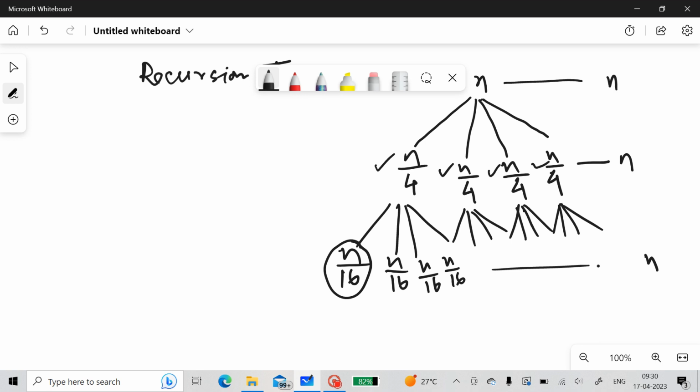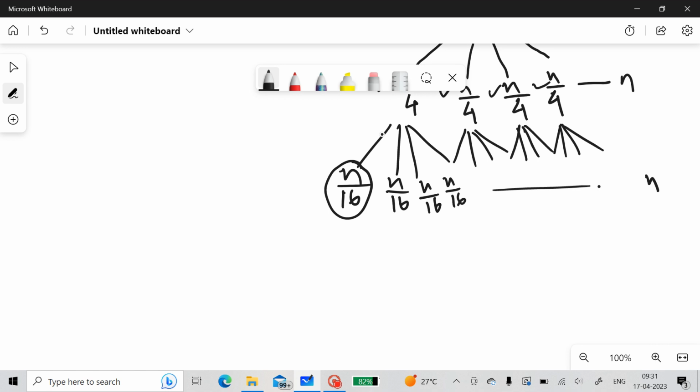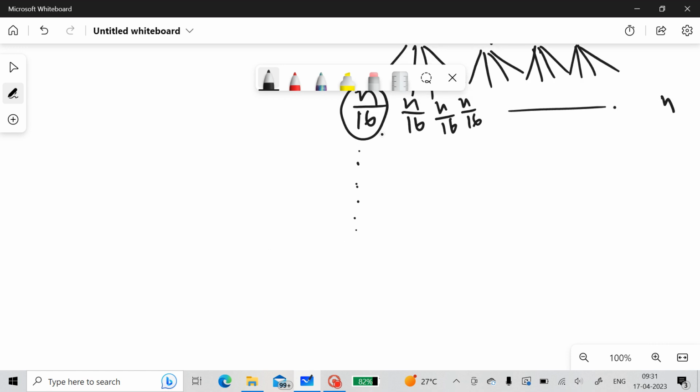Now you can see at each level of the tree you are taking n time for the processing of the input. Like this, you can go down to the level where you will find n over n.